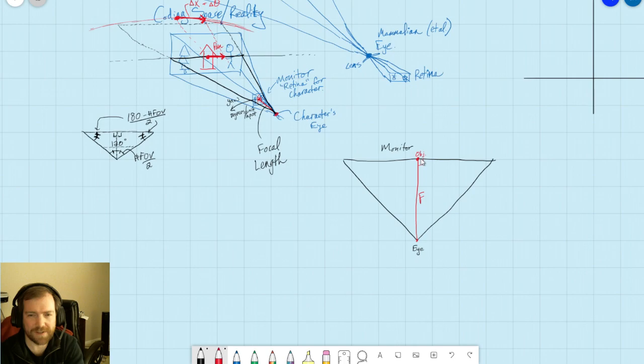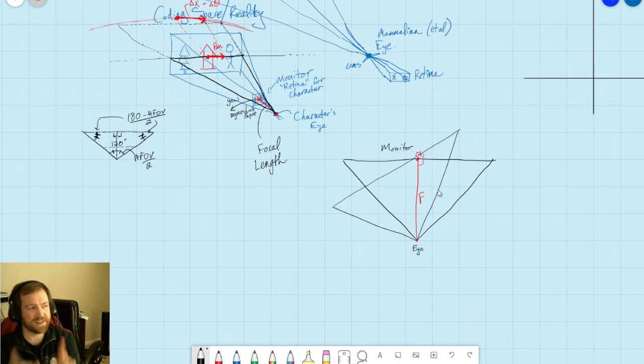Right, so if this is the object as it was, then that would be the object where it is in the new position. Right, because the object's not moving. We're rotating our frame of reference.